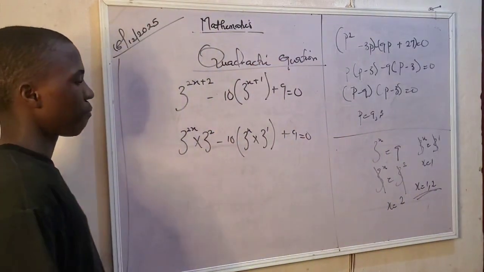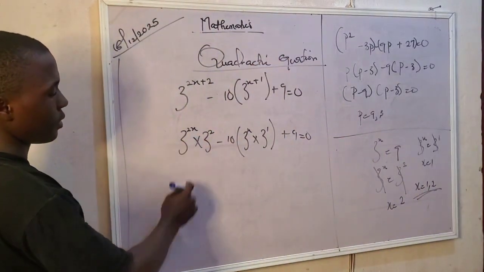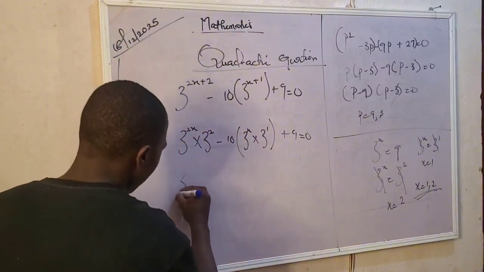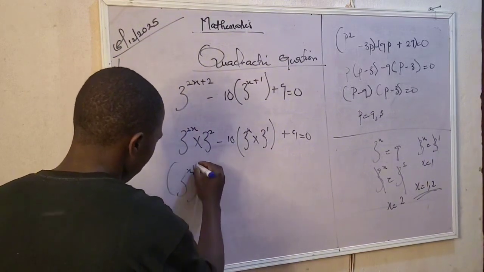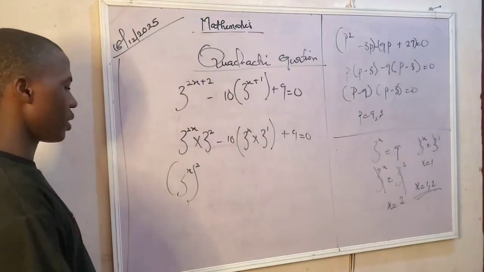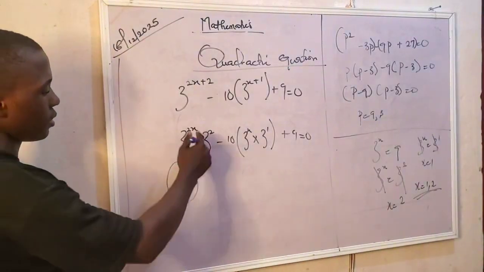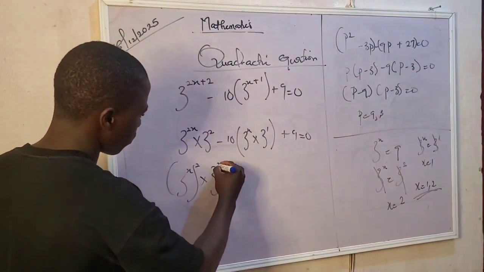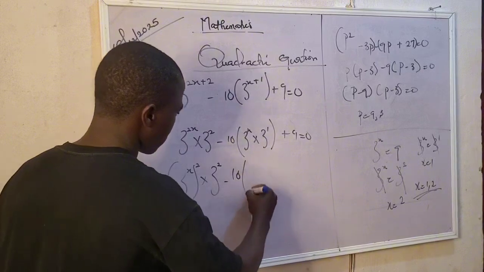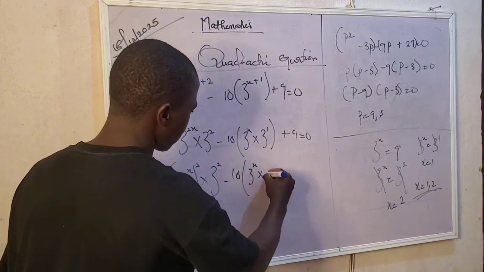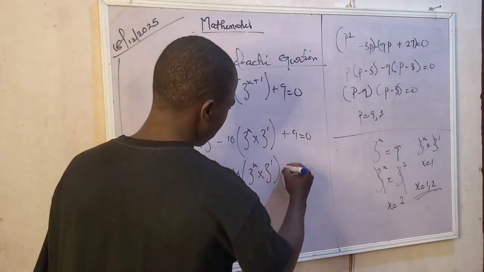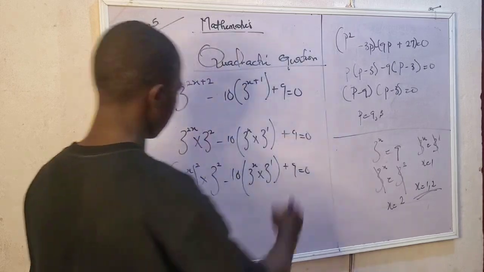So we can split this up to become 3 to the power of 2x times 3 squared, minus 10 times 3 to the power of x times 3 to the power of 1, plus 9 equals 0.